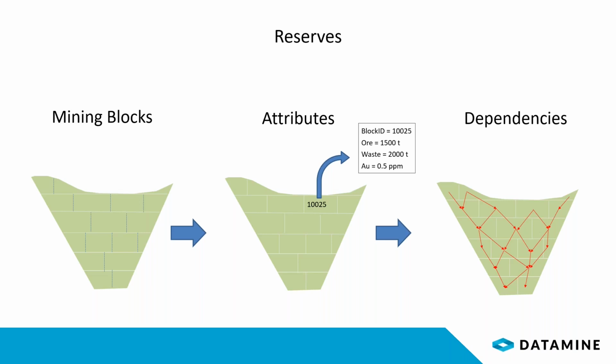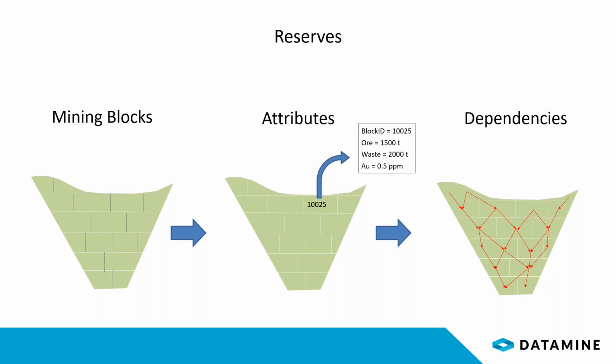Additionally, in this reserves workflow, we define the dependencies between mining blocks, or precedences, as they're called in other software, which help us avoid undercut or undermine and make our schedule more operational, right? So we're constructing the basis for our schedule.